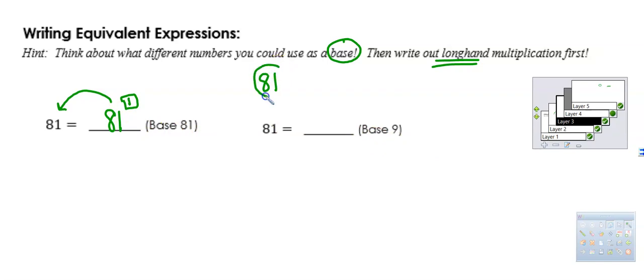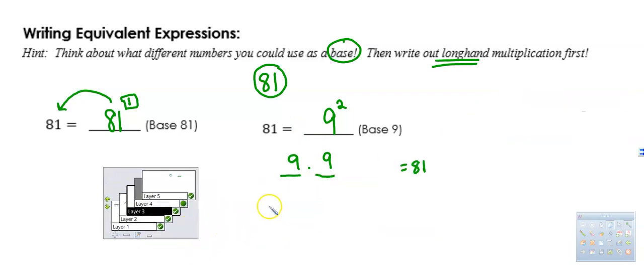We start with 81, but I change the base to 9. So what we're saying is, how many 9s will it take until I equal 81 when I multiply them together? So I start off just writing out the longhand. What's 9 times 9? Well, it's 81. I'm done. I found it. It takes 2 9s multiplied together to give you 81.